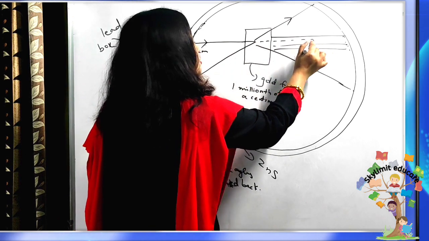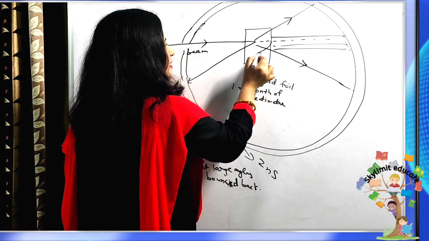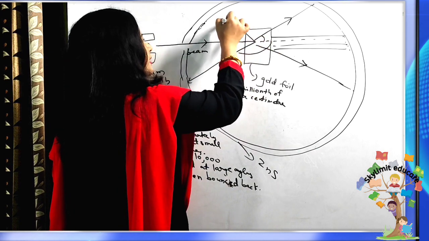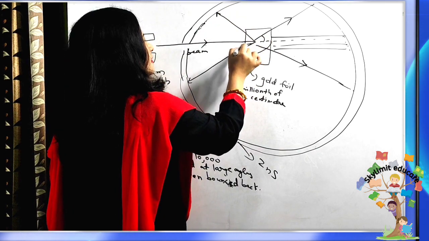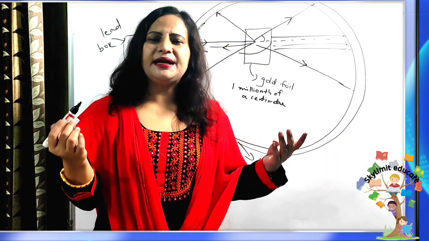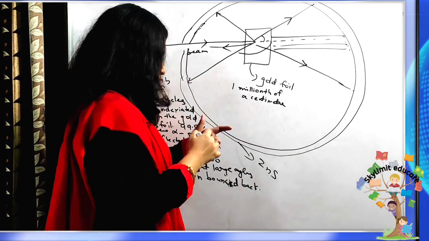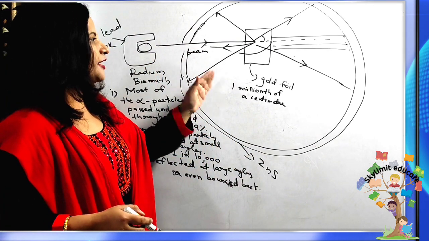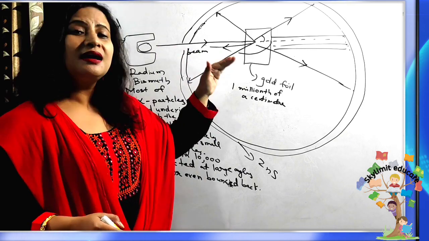This should have been the original path. This was a smaller angle, and they showed deflection by larger angles, and some even bounced back at an angle of 180 degrees. This was the observation made after the gold foil experiment, or the alpha particle scattering experiment.